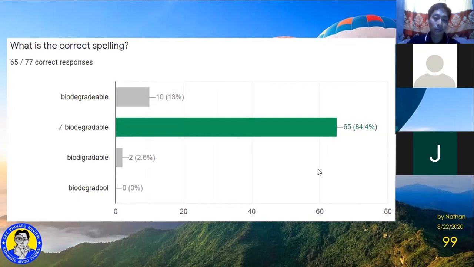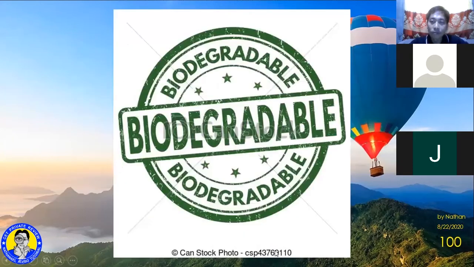So biodegradable, degrade is with an E, but if it's in the word biodegradable, there is no E following anymore, okay? 10 of you got it incorrectly, okay? And then another way to become familiar with the spelling is to try to look at the pictures of biodegradable.